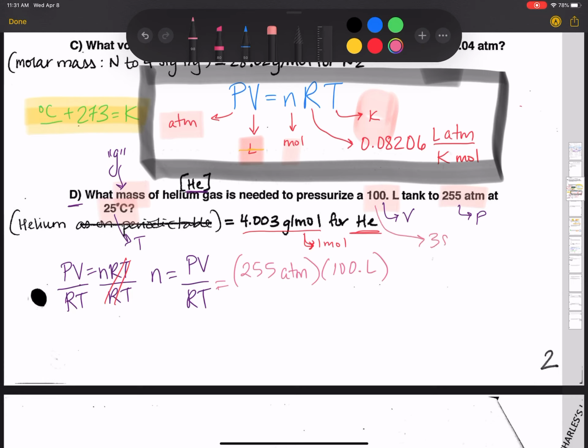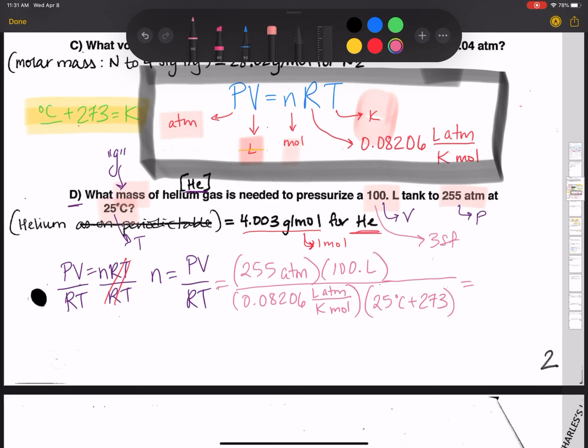My denominator starts with R, so I'm going to put in the entire thing, 0.08206. My units are liters times ATM over Kelvin times mole. My temperature, I need to convert from Celsius to Kelvin, so I'm going to say 25 degrees Celsius plus 273. All of that needs to go in my denominator. For this particular question, I would clear out my denominator first.